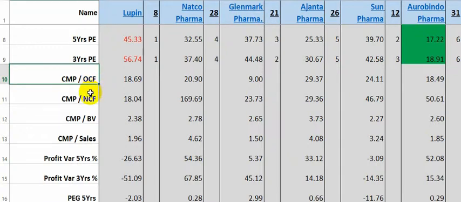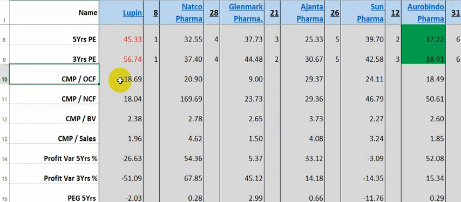As we go down below, I'll explain again what this cash means. Lupin's price is 18 times its current operating cash flow. This operating cash flow is of course of 2018, because as of today the latest OCF value is not available.